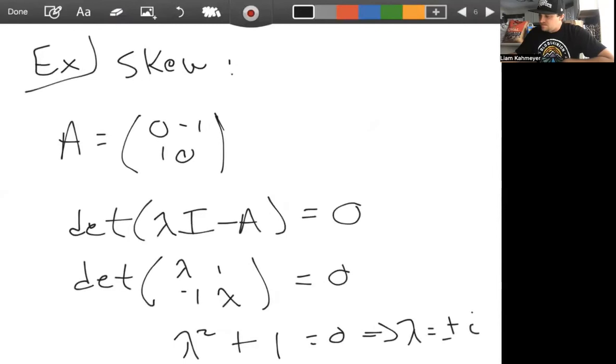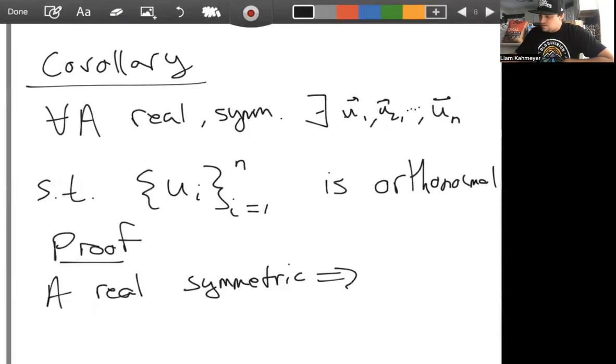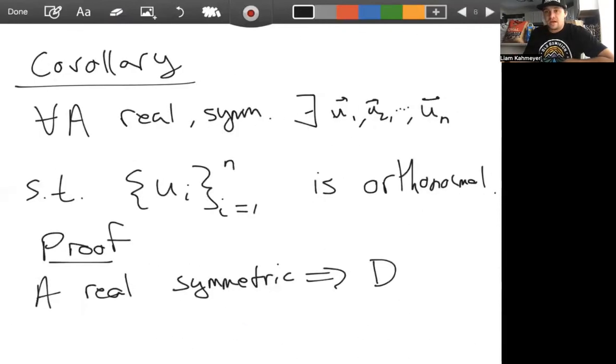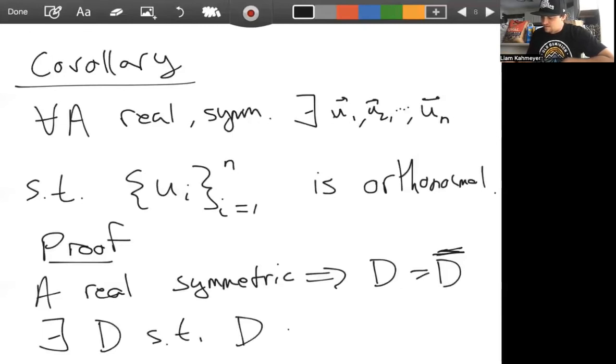And so what this means is that the diagonal matrix D, the elements are equal to their conjugate, right? In the complex setting, a number is equal to its conjugate if and only if it's a real number, right? We also know there exists this diagonal matrix D such that D is equal to U transpose A U.